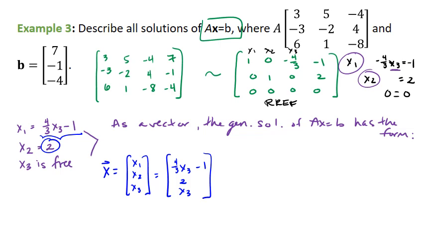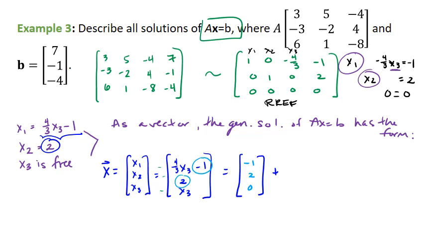Okay. Now, when we write this, typically we will write the constants first. So identifying all the constants, we'll have -1, 2, and 0. Well, then we're going to add multiples of x1. Well, I don't have anything for x1 in row 1, 2, or 3.